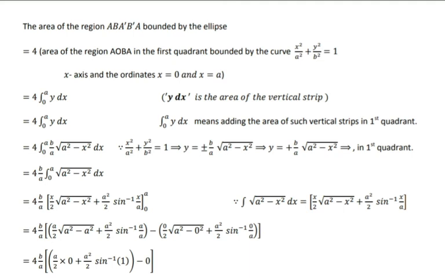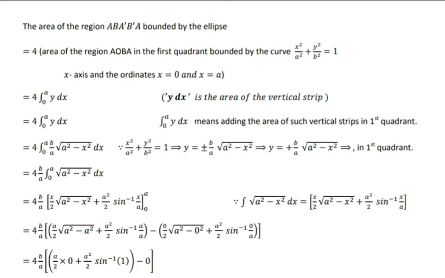Now, y into dx is the area of that single vertical strip. So when we attach the integral from 0 to a, y dx means the area of the region colored in green.